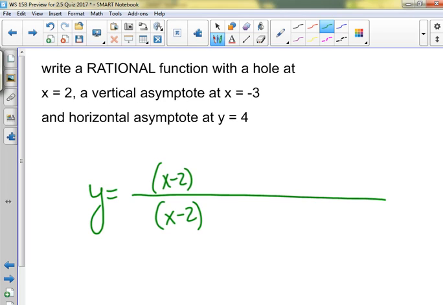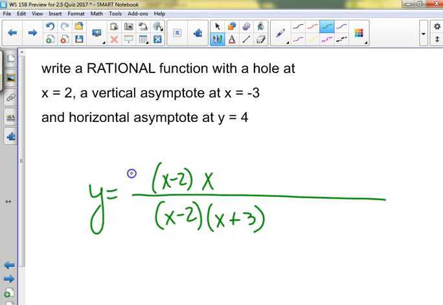A vertical asymptote at -3. Bottom. Vertical asymptotes are from the bottom. A horizontal asymptote at y equals 4. It has to be equal weight.